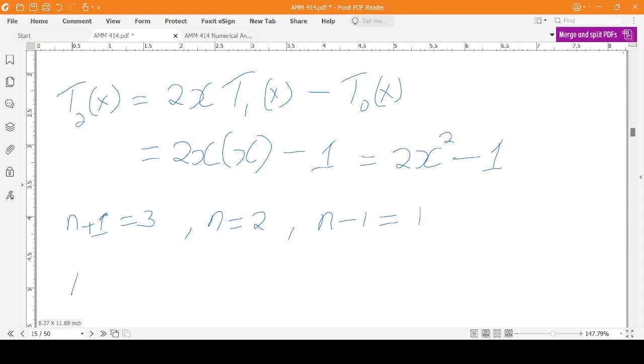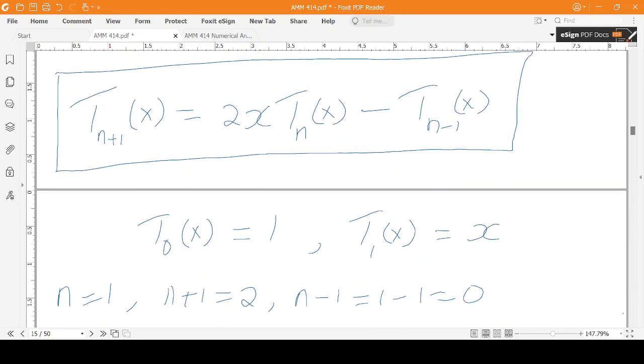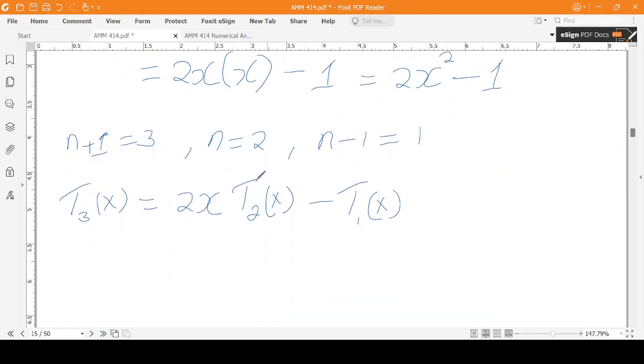So we write T3 of x is equal to 2x times T2 of x minus T1 of x. From this relationship here, if n plus 1 is 3, then n is 2, and n minus 1 is 1. So we have this expression here.